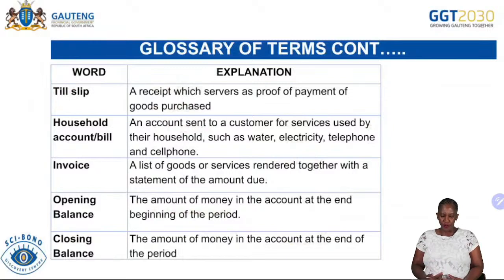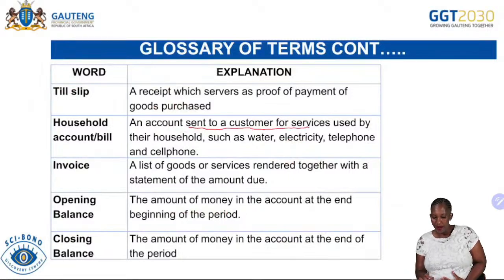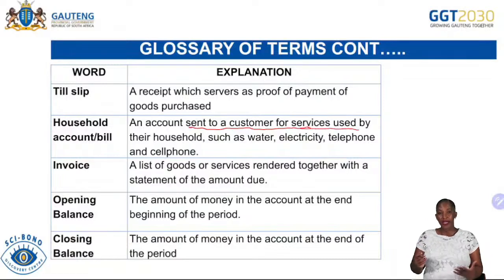And then number 2, we have a household account or bill. A household account is an account sent to a customer for services used by their household, such as water, electricity, telephone and cell phone accounts. So we know that where we are living, we have to pay for the services.